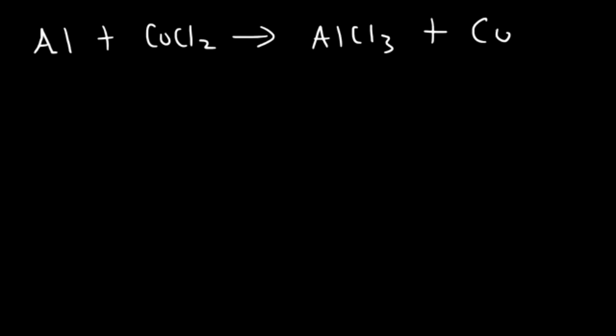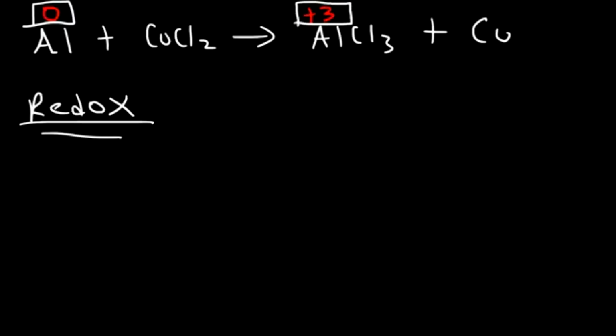This reaction is a single replacement reaction, and if there's a transfer of electrons, then it's going to be a redox reaction. Aluminum has an oxidation state of 0, but in AlCl3 it has an oxidation state of +3. So if the oxidation number changes, then it's a redox reaction. All single replacement reactions are redox reactions.